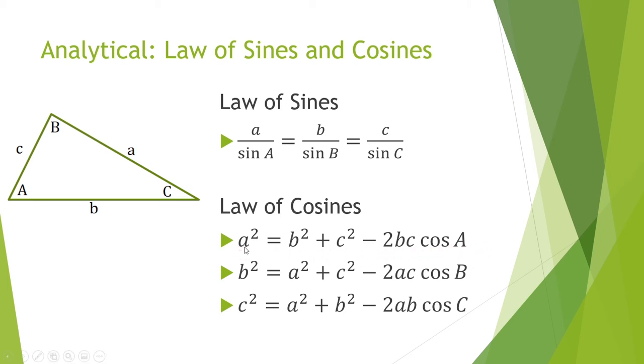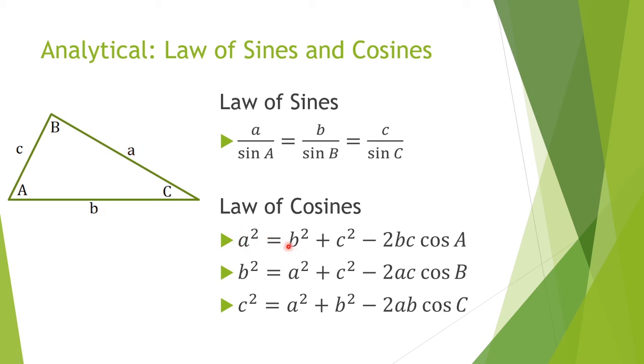So it just says that, for example, you don't know what the value of small a is, but you know what b and c are, and you also know the angle A. So these are the partners, a and these three. If you know these three, you don't know small a, you can calculate for a.